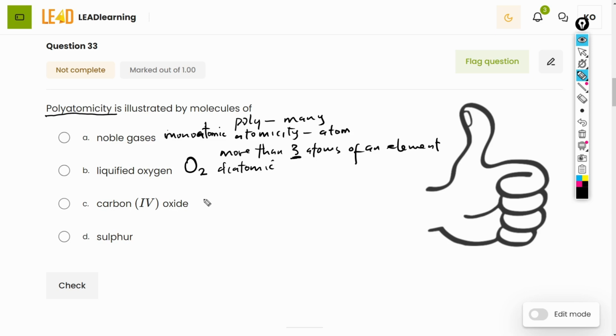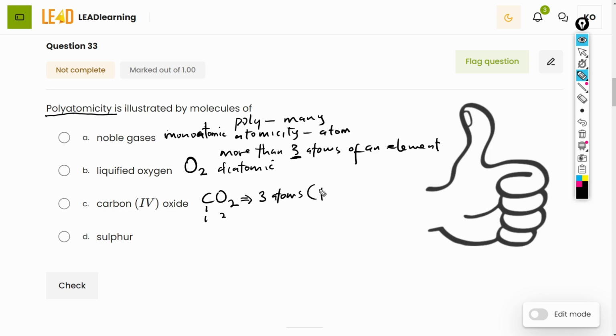Now for carbon dioxide, the formula is CO2. Now let's look at this. Carbon is 1 atom, and then oxygen will have 2 atoms. So that gives us a total of 3 atoms.